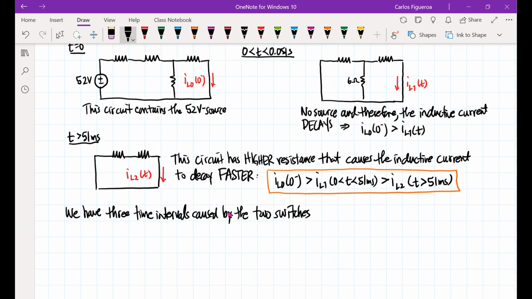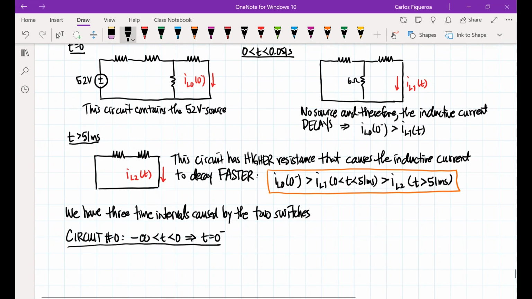So now we've got to look at each of them. This one I'm going to call circuit number 0. This is the region minus infinity to t less than 0, which is equivalent to us as t equal to 0 minus. So let's go look at that circuit.